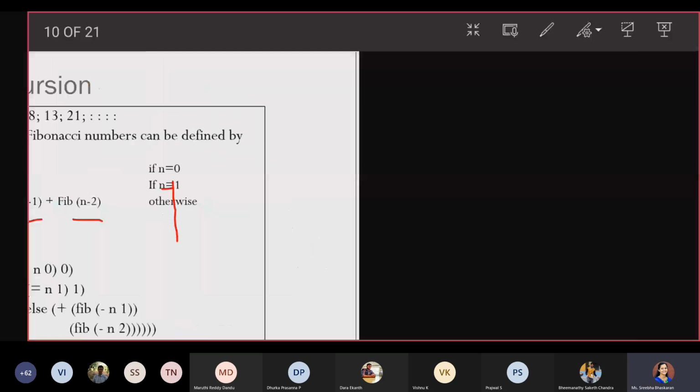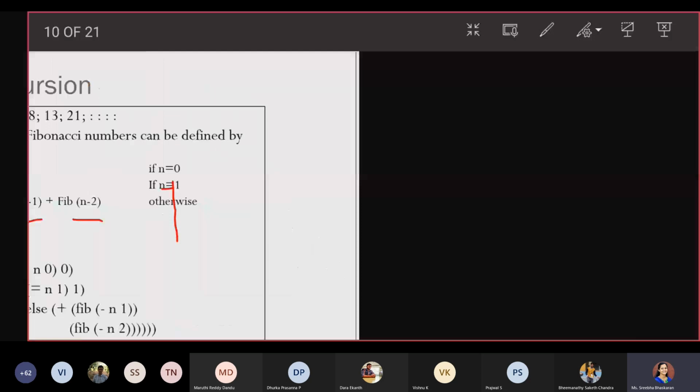With respect to this example, if you take fib of 5, the first time your n value is not 0 and not 1, so we reach the else part. There we are calling fib of 4, that is n minus 1, 5 minus 1, which is 4.